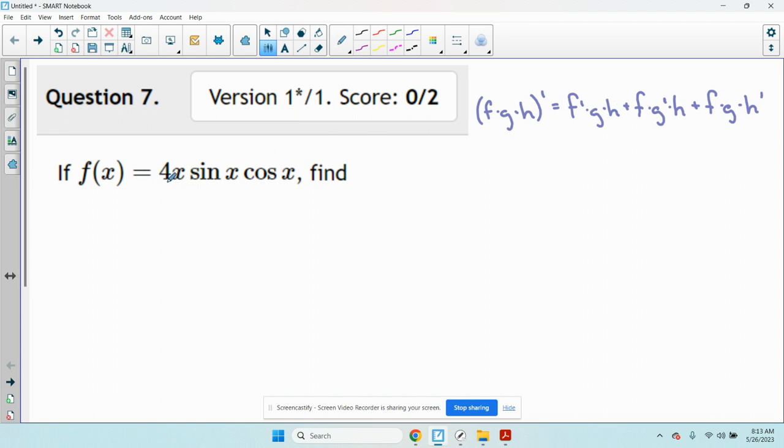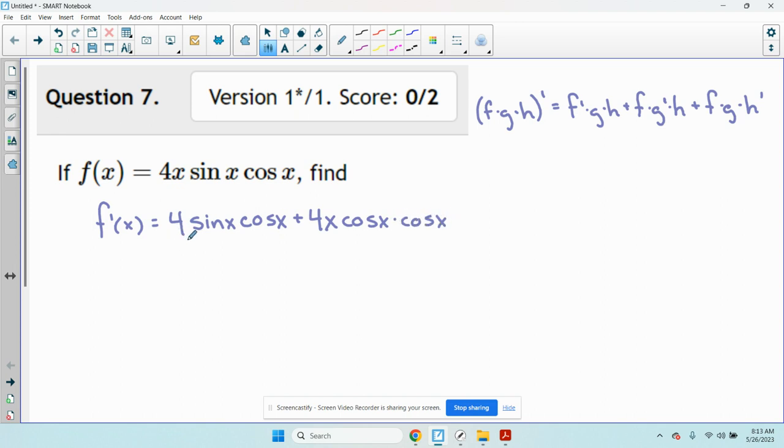So here, f is 4x, sine x is g, and cosine x is h. So if I want to find the derivative, this is just going to be the derivative of the first thing, 4, times the second thing, times the third thing, plus the first thing times the derivative of the second thing, times the third thing.